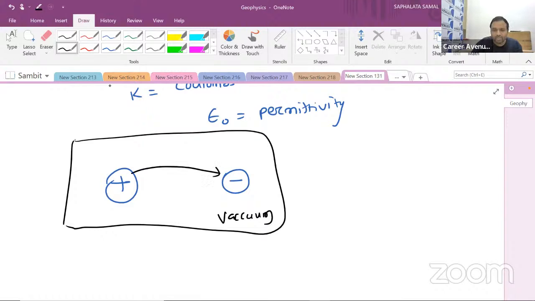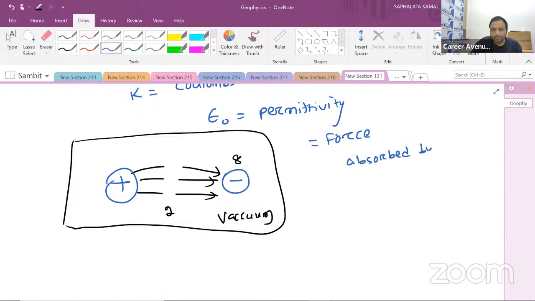Suppose 10 units of force is applied by the positively charged ion towards the negatively charged ion. But not all the 10 units will reach. Suppose 8 is reaching, 2 is absorbed by the vacuum medium. That is called the permittivity. So basically, what is permittivity? Force absorbed by the medium.